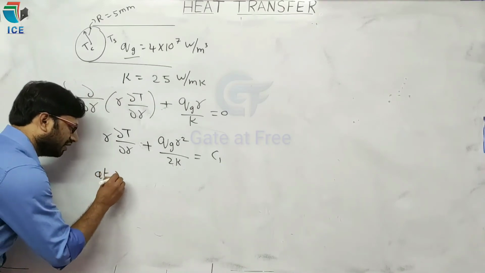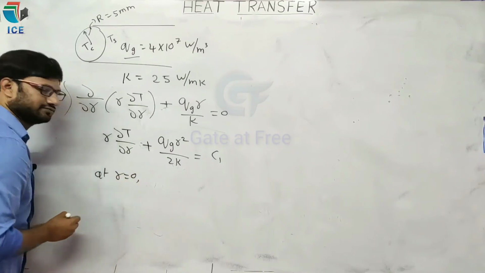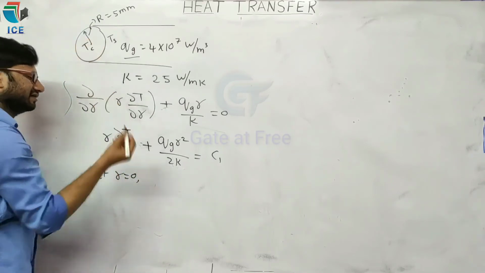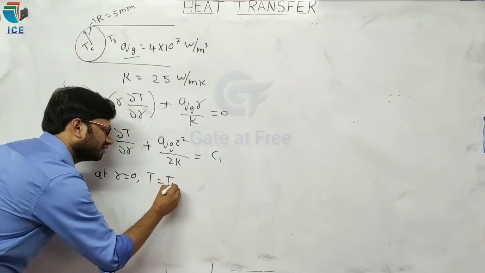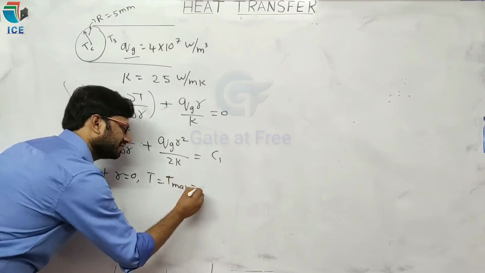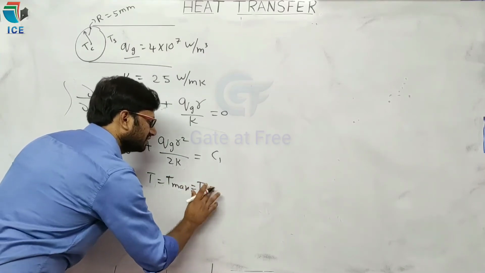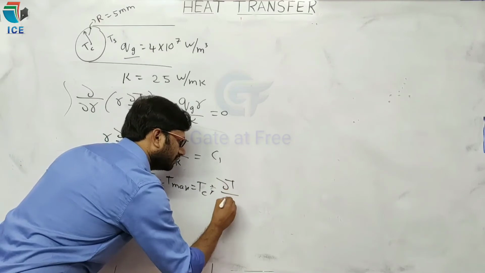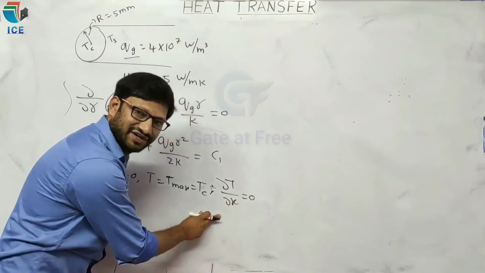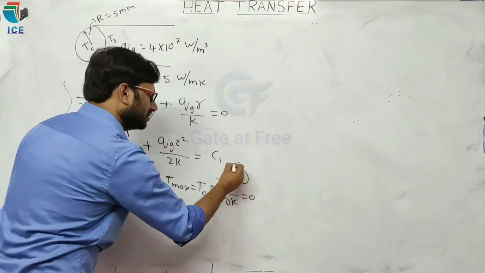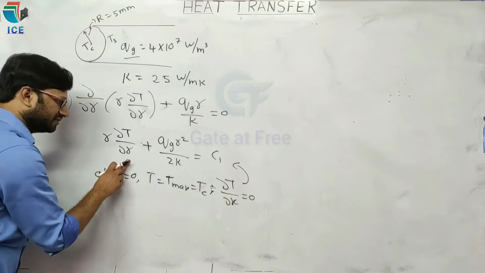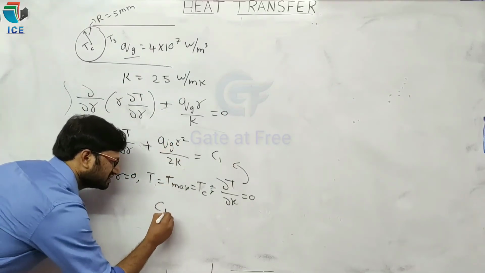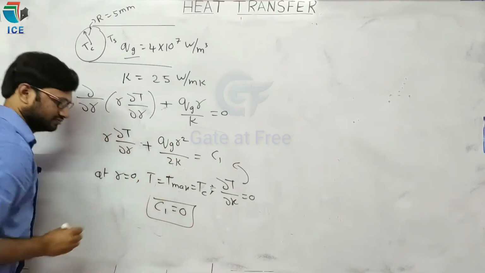At r equal to 0, at the center, T equal to T maximum or T center. Therefore, dou T by dou r is equal to 0. At maximum temperature, dou T by dou r is 0. Now substitute in the above equation: r equal to 0, dou T by dou r is 0. We get C1 is equal to 0.